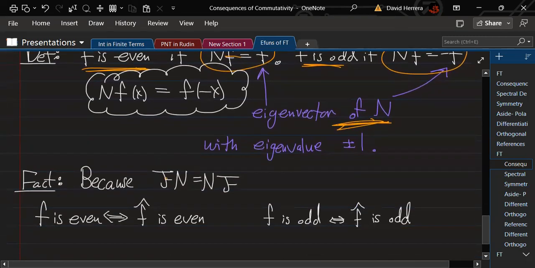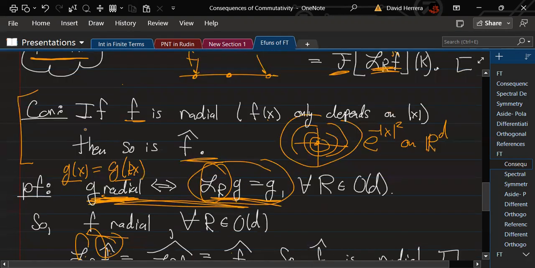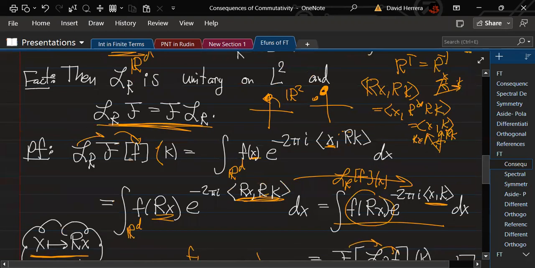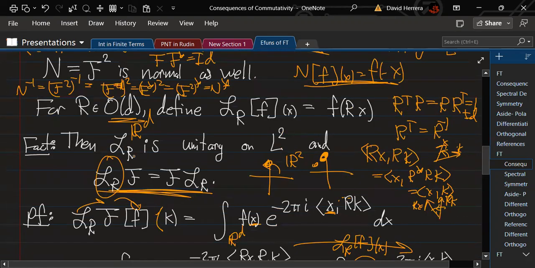Now, Fn is equal to nF. And why is this true? Well, we know that n is F squared. So if you just check out what this is, it's just F times F squared is F squared times F, which is true. You can also check this by doing a change of variables. That's actually an example of this L_R here.